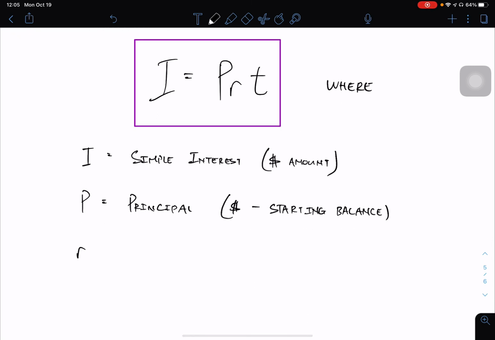R is the simple interest rate. It's important to have the word rate here because then you know you're talking about a percentage. Simple interest rate. Rate is key there. And then again, this is a percentage, but we must convert to decimal.